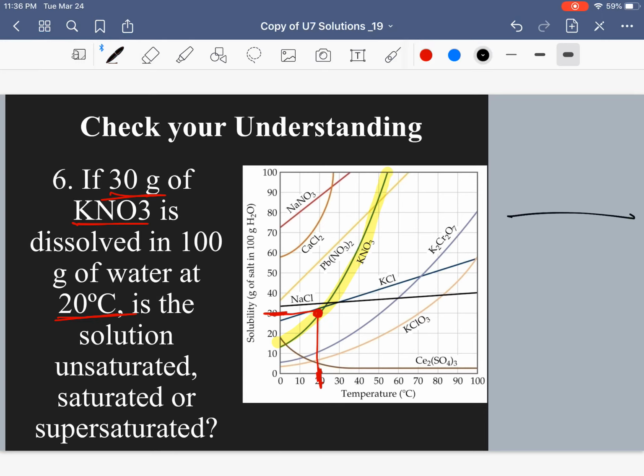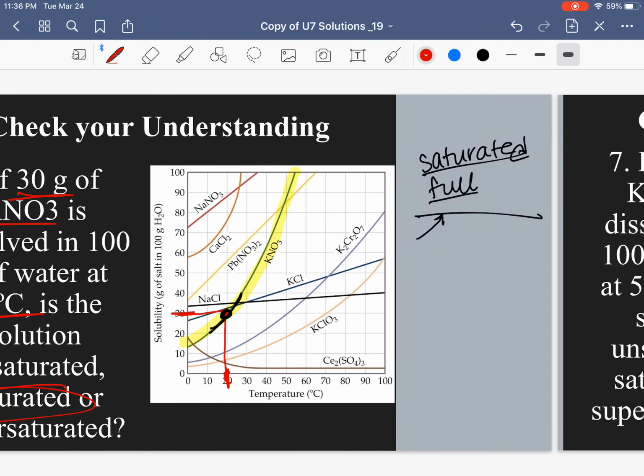So think about if you go to the gas station and you fill it up right onto that line, you would say, oh, my tank is full, or just plain saturated, right? So here's your line of interest. Here's your dot. You're on the line, so you are saturated or just plain full. So if that's how much I dissolved at 20 degrees Celsius, then my solution is saturated.